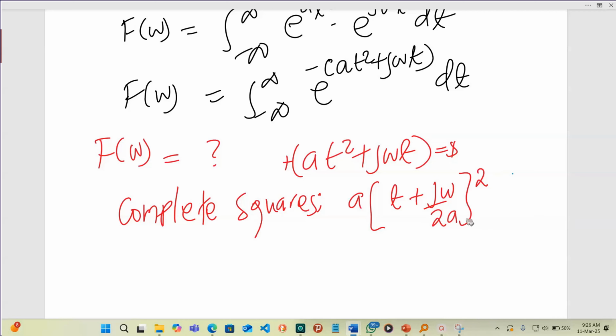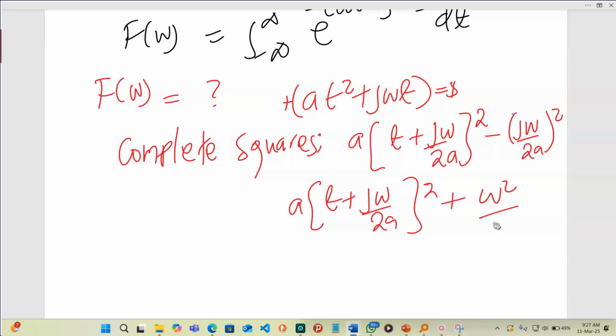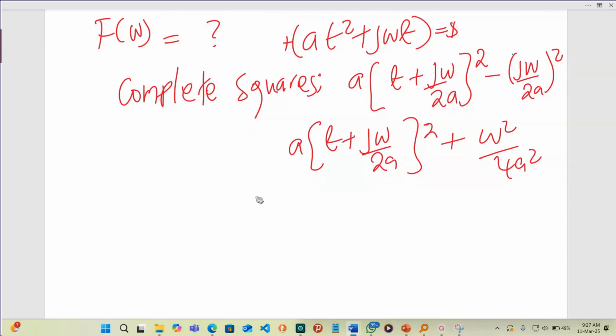We square this, then we take away j omega out of 2a, everything squared. So this becomes a into t plus j omega out of 2a, everything squared, then minus, this actually becomes plus omega squared out of 4a squared.